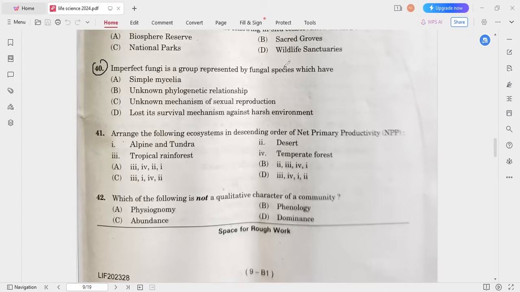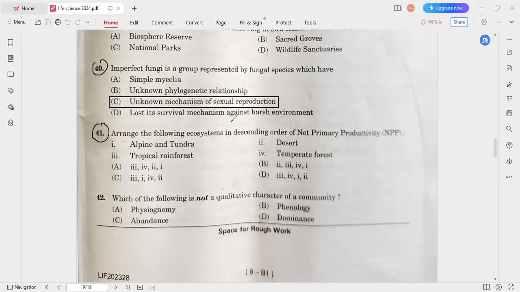So that's why they are called imperfect fungi. So here the answer for question number 40 is option D, unknown mechanism of sexual reproduction, because reproduction takes place by spores called conidia. Okay, option C is the correct answer for question number 40. So now move on to the next question, that is question number 41.